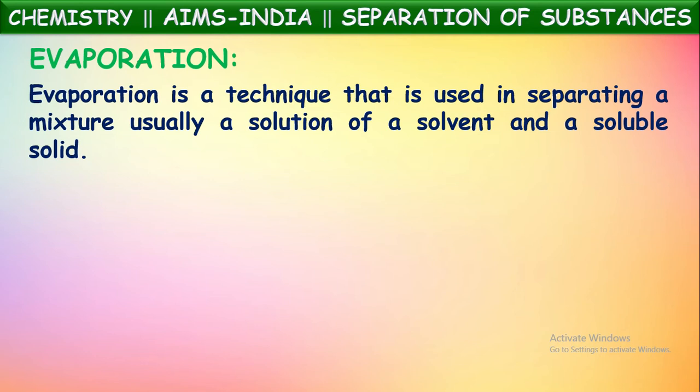For example, tea decoction or coffee decoction, when filtered, the solid like coffee powder or tea leaves remains in the cloth or sieve, which we call residue, and the pure decoction that comes down we call filtrate.